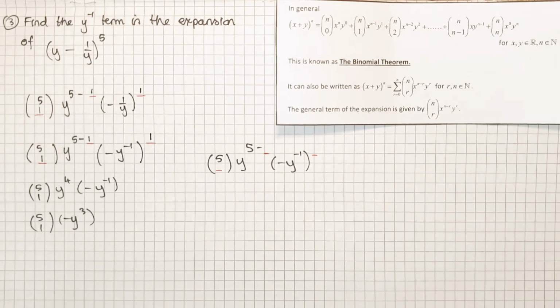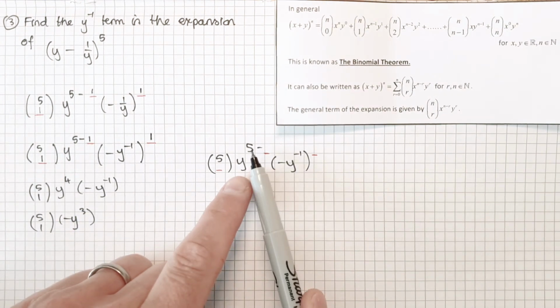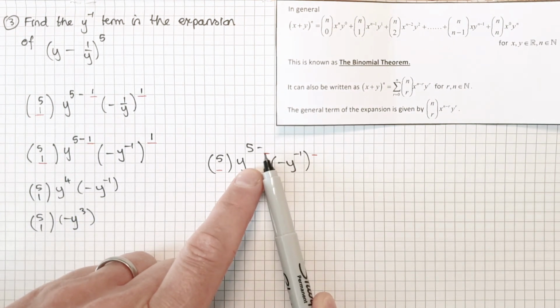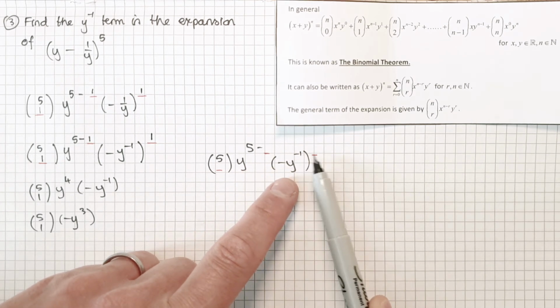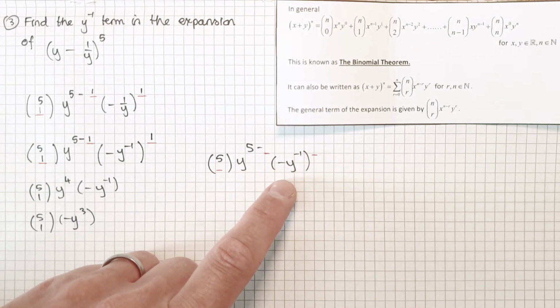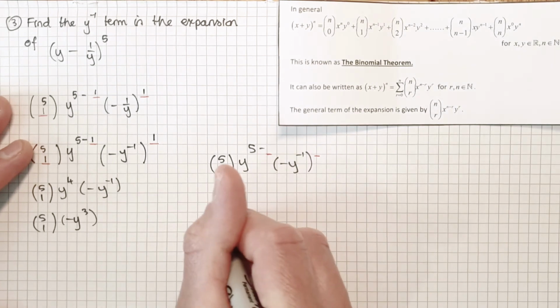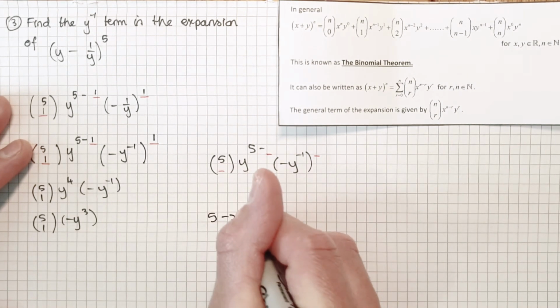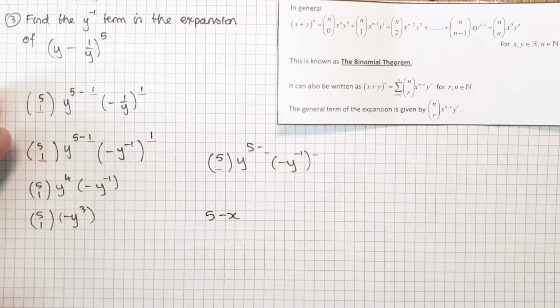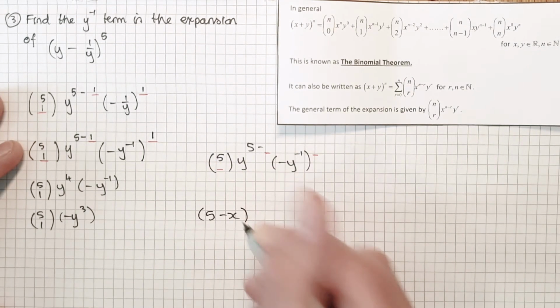Now basically what I need to know is that 5 take away something, multiplied by that, times that, has to be equal to negative 1. So let's just call it 5 take away x. I could pick any letter I want. I'm just picking x because x hasn't been used in this question at all yet.